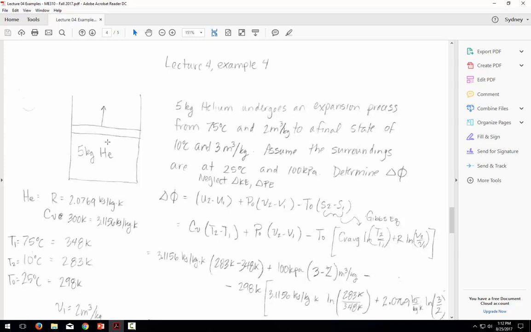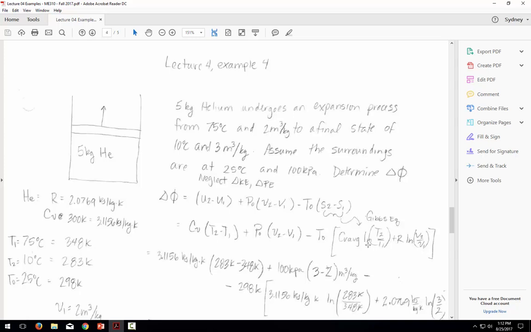Now we don't really have good tables for helium to look up S2, S1, or U2, U1, so we can make some additional approximations. We can use the specific heat approximation in order to calculate our change in internal energy using C sub V at an average temperature times T2 minus T1. And in order to calculate our change in entropy, for an ideal gas, we can use the Gibbs equation.